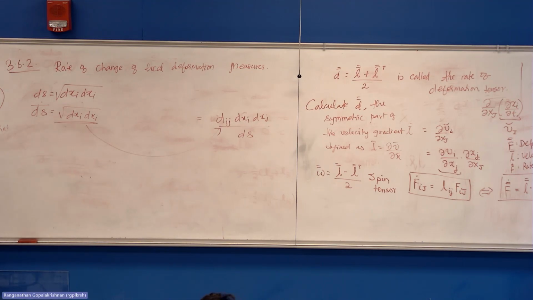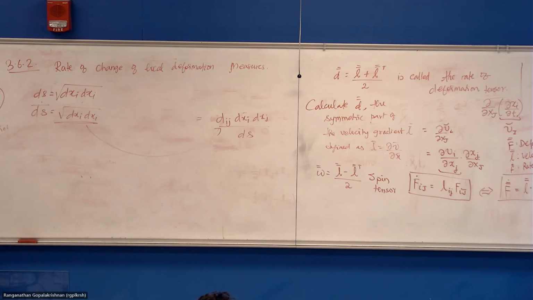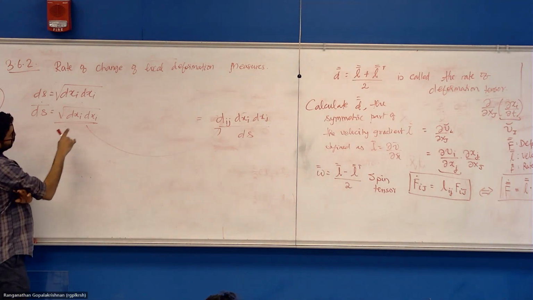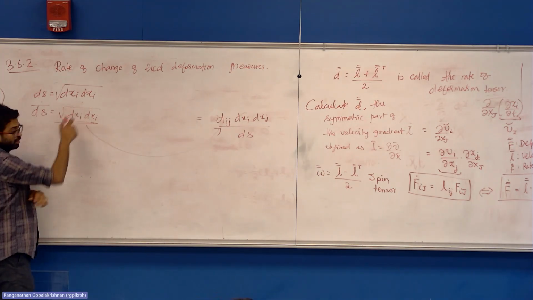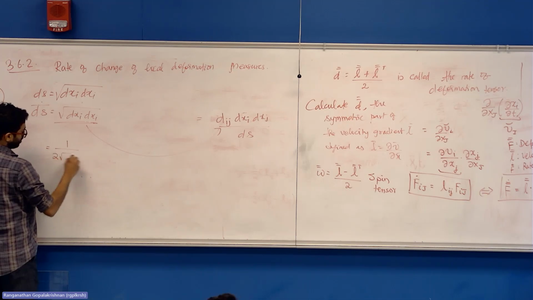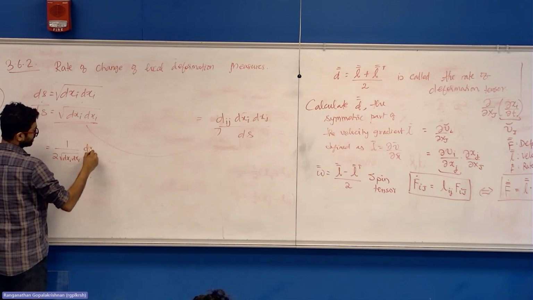How do we go from here to there? No, I'm asking to understand. You have dxi square root and then derivative. Nominally, what you would do is write 1 over square root of dxi, and then you will write dxi dot.